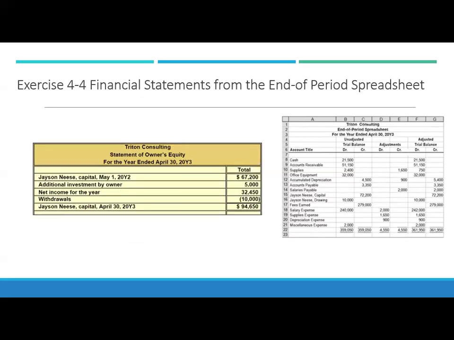And then we had the additional investment of 5,000 and the ending balance of the capital account on the adjusted trial balance was 72,200. So we take 72,200 minus 5,000 is 67,200.